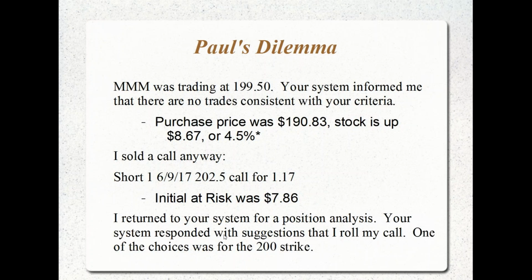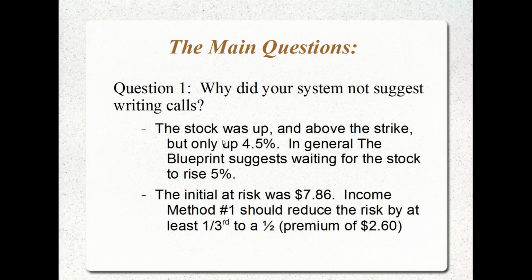But the main question, first, why did the Power Options tools not suggest writing calls? Okay, the stock was up, and it was above the strike, but it was only up 4.5%. When I logged in right now, it was showing it was only up 4.4% on the position.